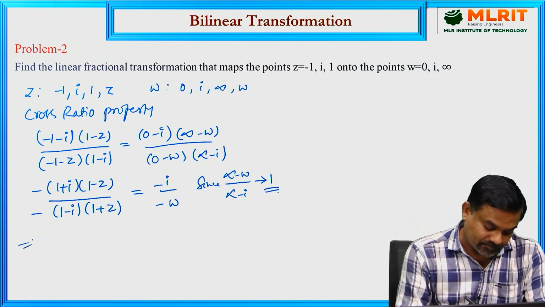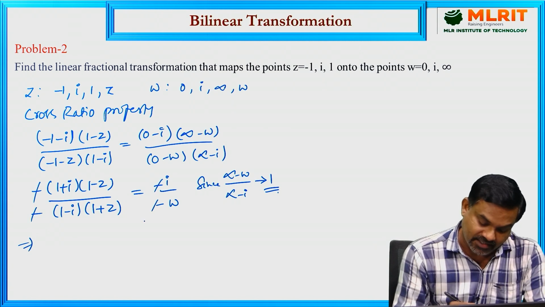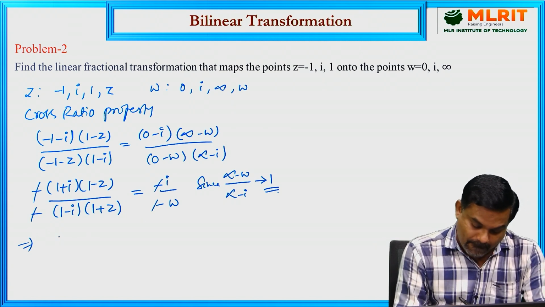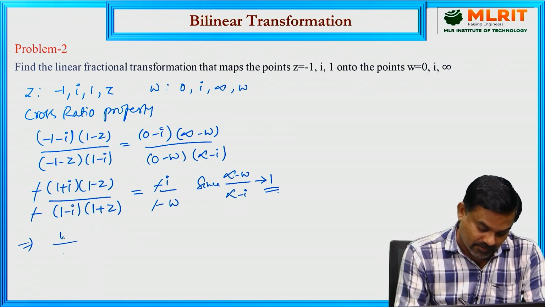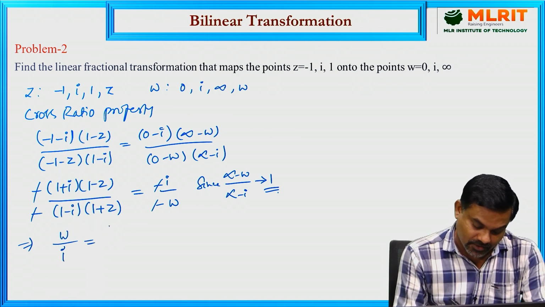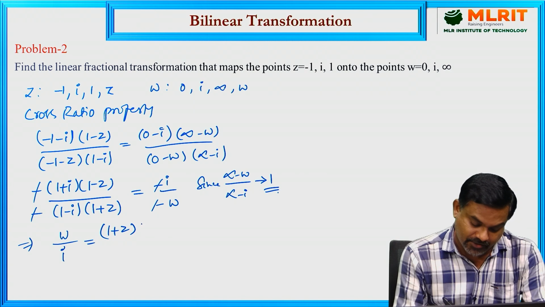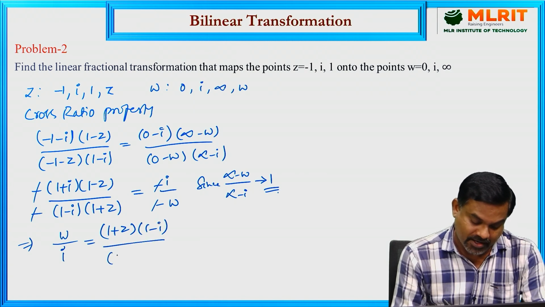So here by cancelling this sign, w/i is equal to (1 + z)(1 − i)/((1 − z)(1 + i)).